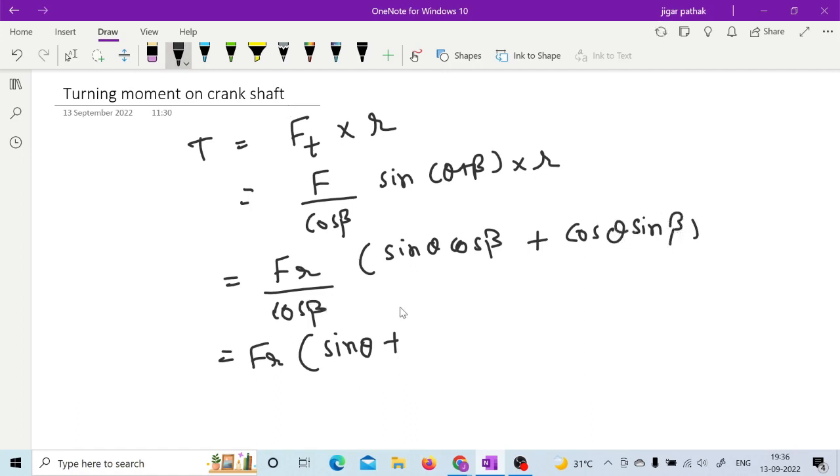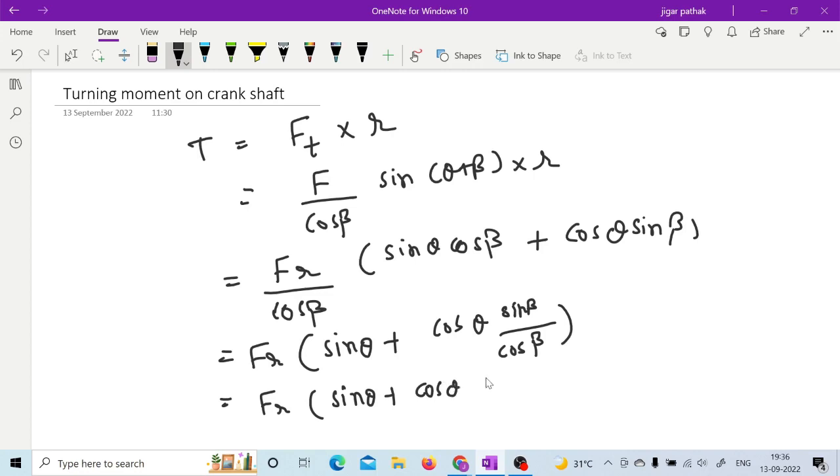So what will happen here, this cos beta will cancel out, and here you will have this cos theta into this sine beta divided by cos beta. Now as you have seen earlier, the sine beta can be written as sine theta by n.